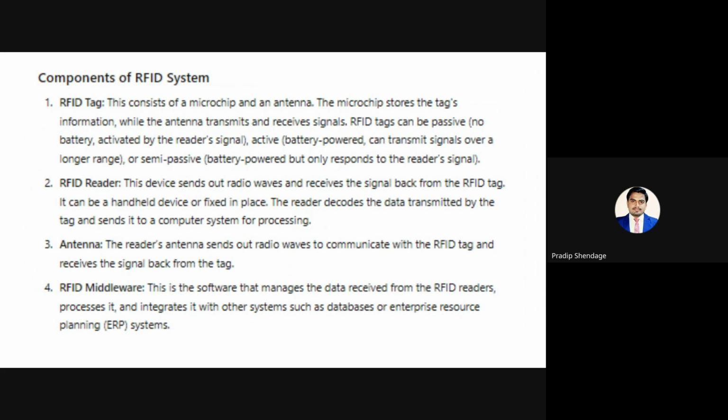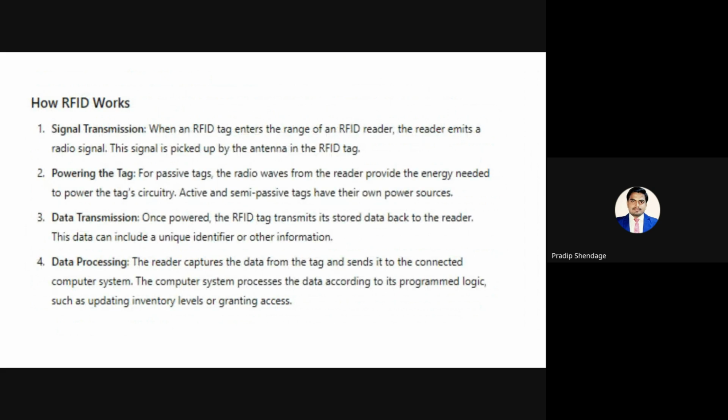The third component is the antenna. The antenna sends out radio waves to communicate with RFID tags and receives the signal back from the tags. And everywhere we require the interface or middleware. Middleware is the software that manages the data received from the RFID readers, processes it, and integrates it with other systems such as a database or enterprise resource planning system.